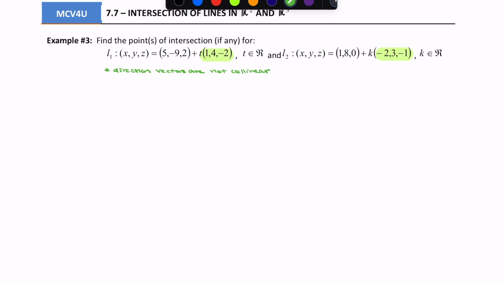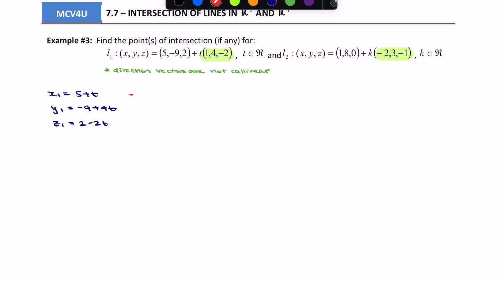Okay. And so here we'll write our equations. Again, here we have x1 equals 5 plus t, y1 equals -9 plus 4t, and z1 equals 2 minus 2t.